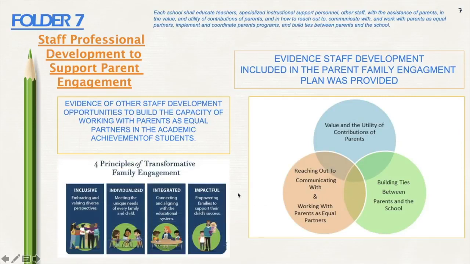I can think of things like you might be doing something with guidance, or you might do PLCs in certain content areas or grade levels where you talk about parent engagement. If you're given any training in other areas like MTSS, on how to communicate with parents and work with parents, those types of things would be another thing to add to this folder.